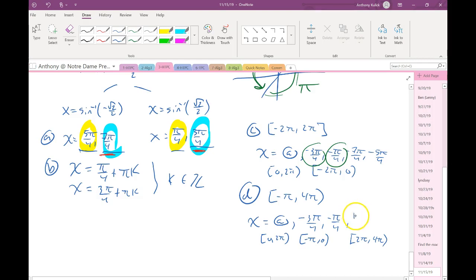So that's going to give me 13 pi over 4, 15 pi over 4, 9 pi over 4, and then 11 pi over 4. And that'll be it for D. Cool with that? Okay.